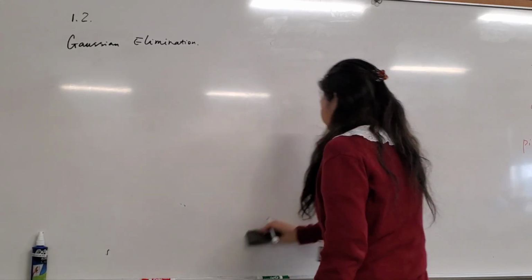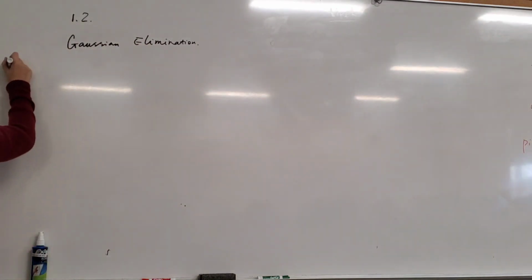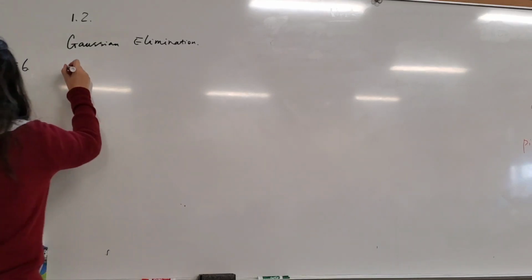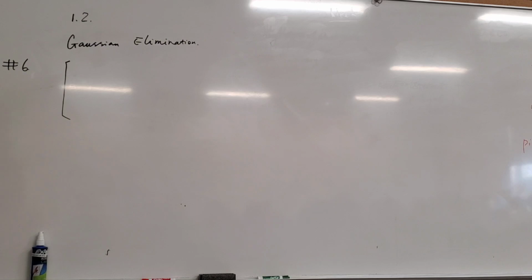You have the system in your head. So number 6, 2x1... I'm not going to write it because that takes a little time, so you look at the book. First of all, write down your augmented matrix.